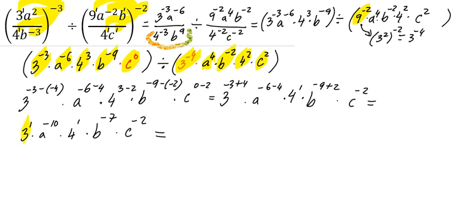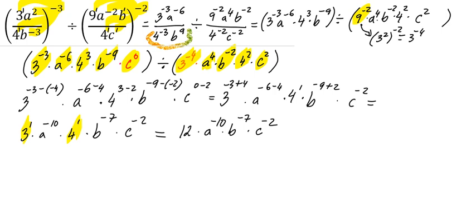So let's look at 3 times 4. Well, that's 12. And then we have times a to the negative 10, b to the negative 7, and c to the negative 2. We could leave this answer in this form, but on our paper they want us to do a different form. No negative exponents.